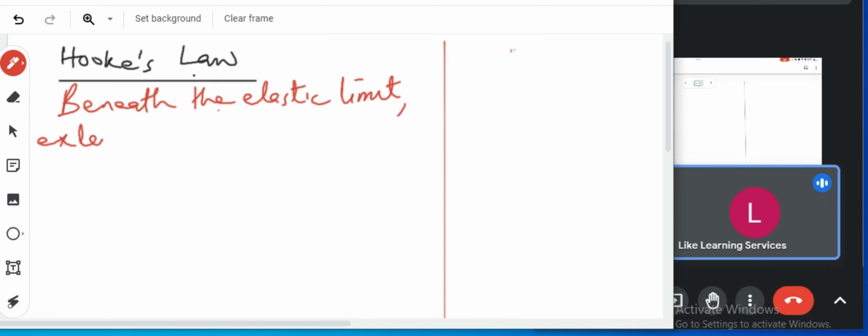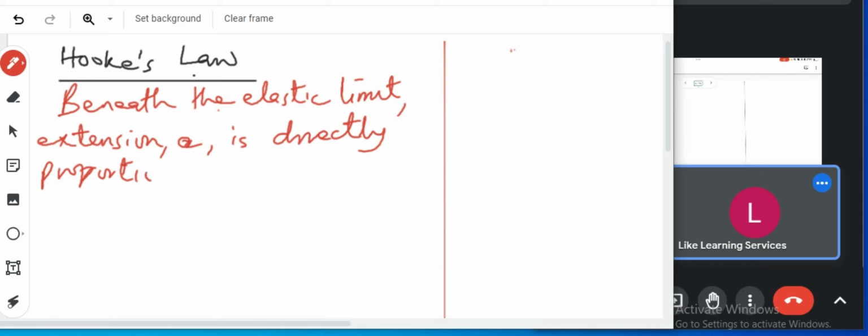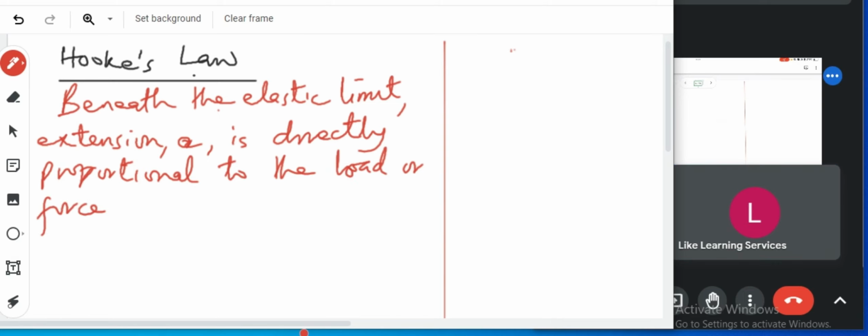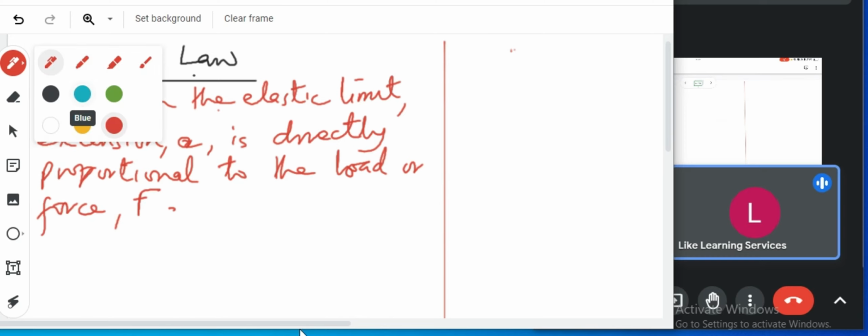Extension E is directly proportional. Some textbooks use X for extension, it doesn't matter. Directly proportional to the load or force, which is F. So mathematically, as we rightly said, F is equal to KE.